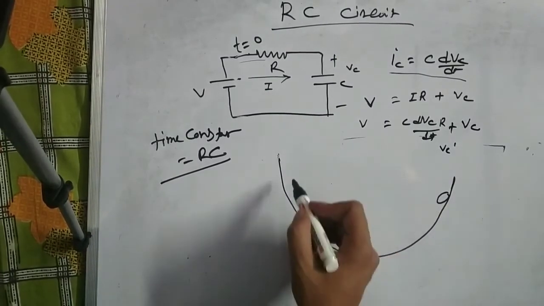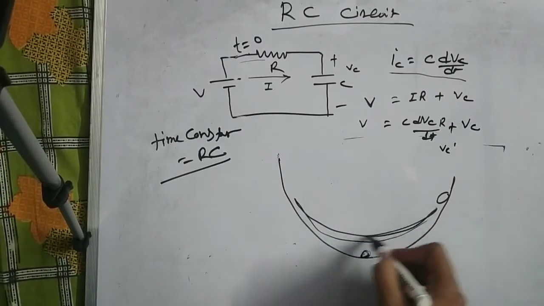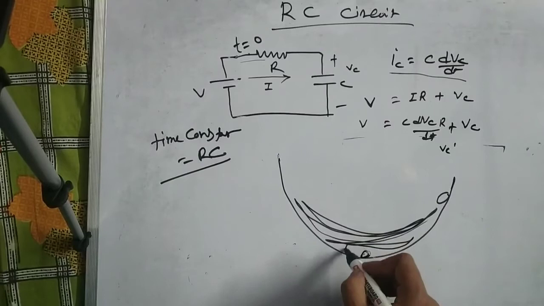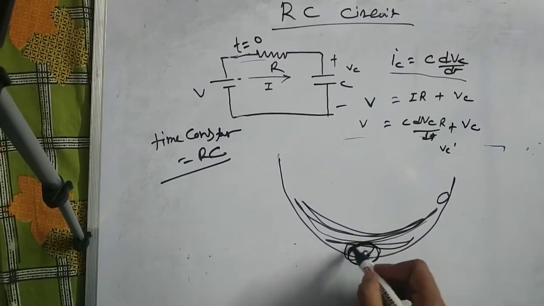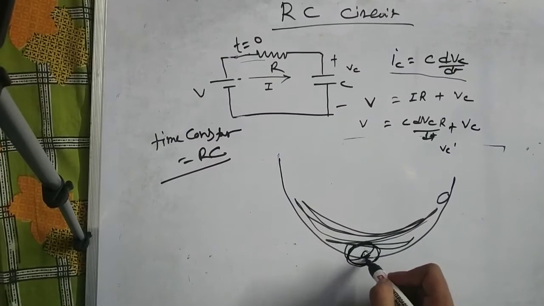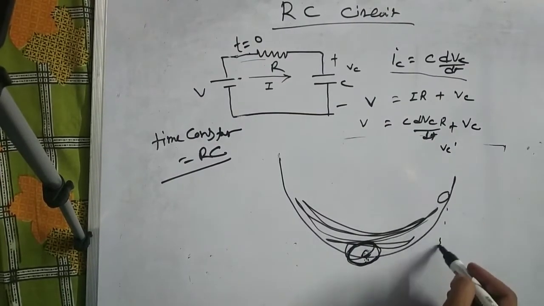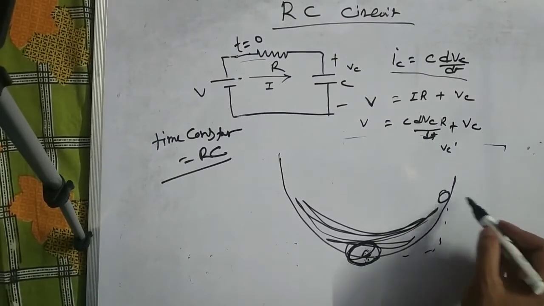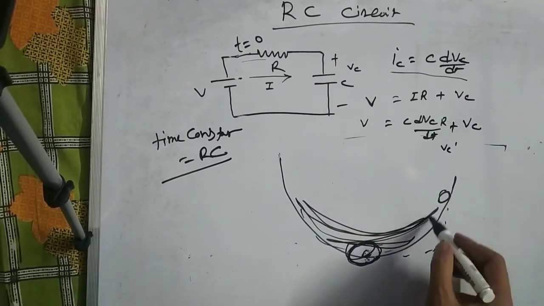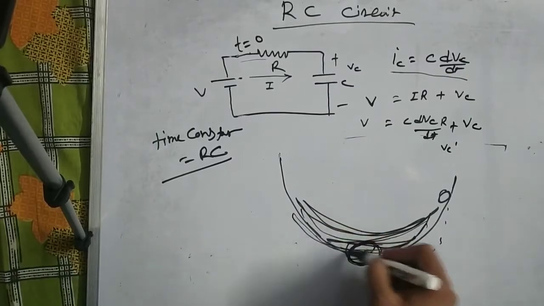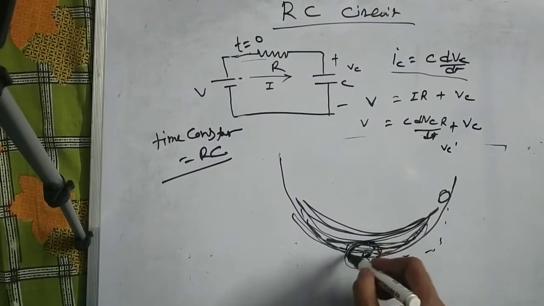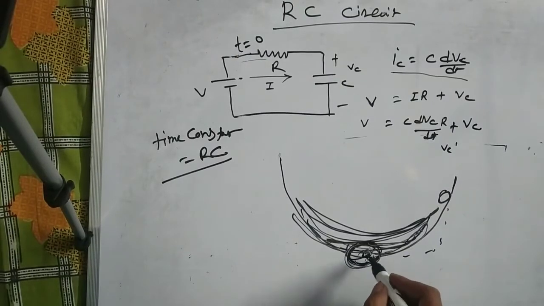It will oscillate in this manner, and after some time it will reach its steady state point, the low point where the gravitational total energy is minimum. At this point it will have some energy, that energy will be lost through friction, and it will oscillate, and at this point it will reach steady state.